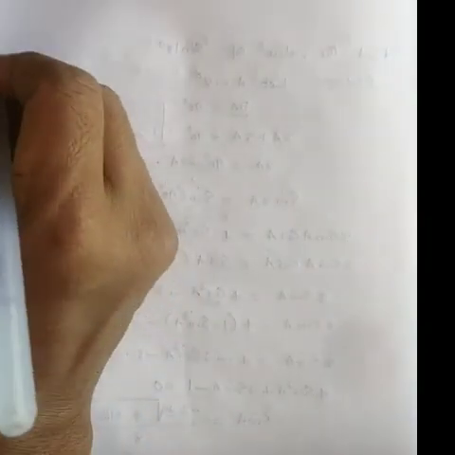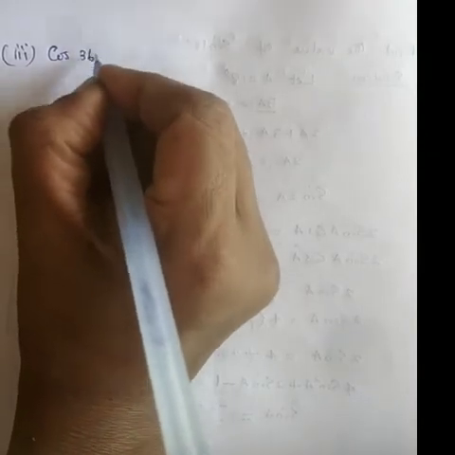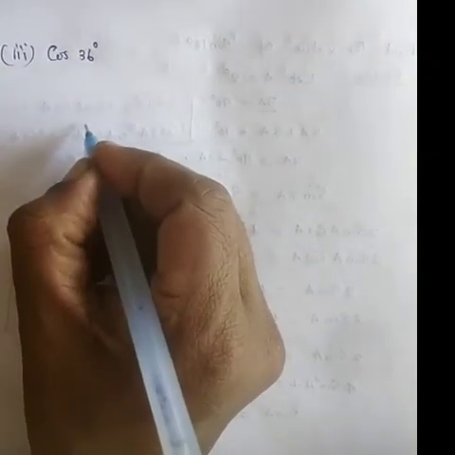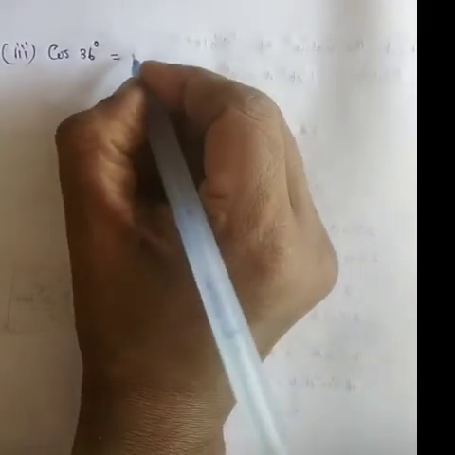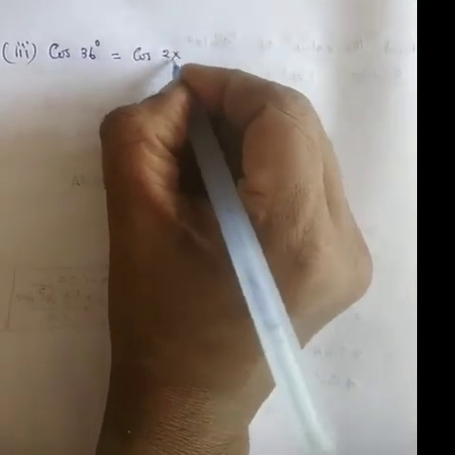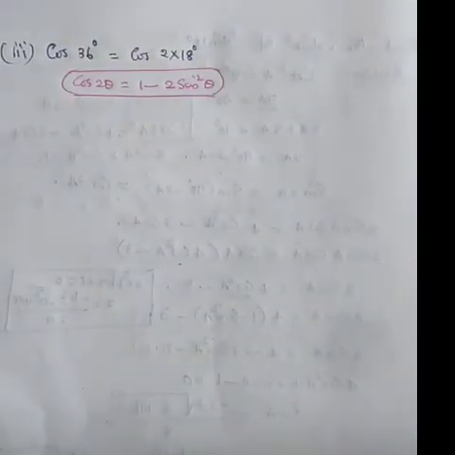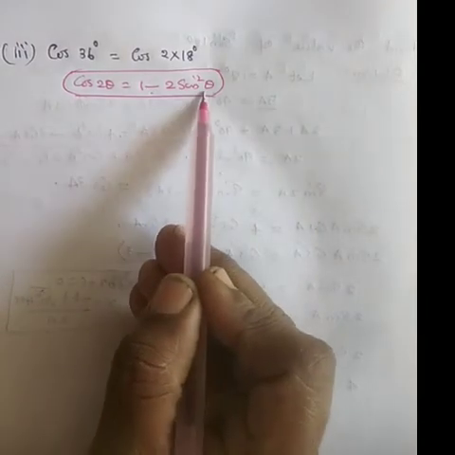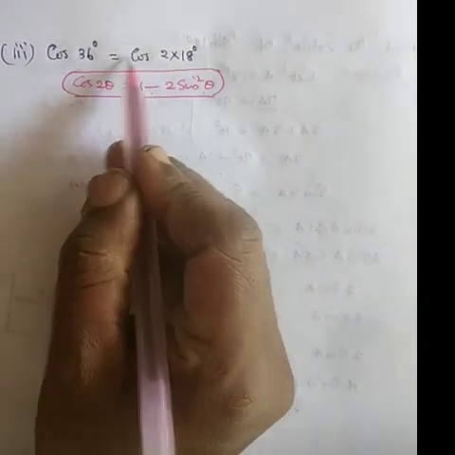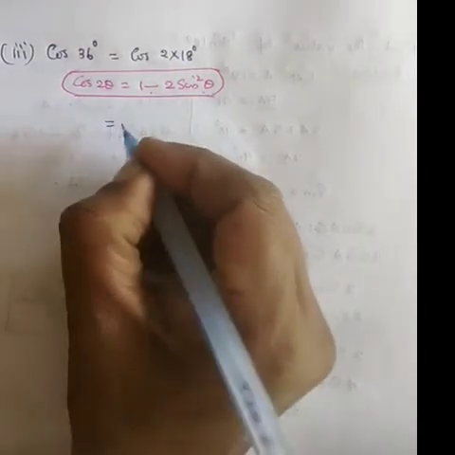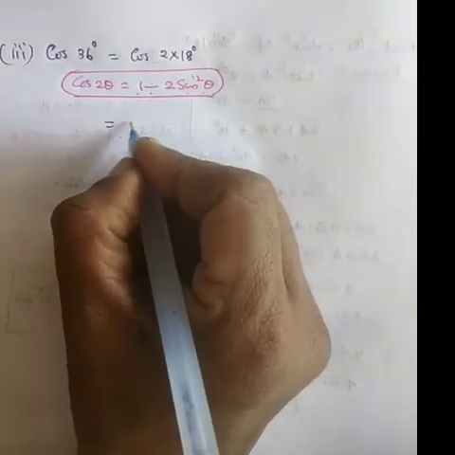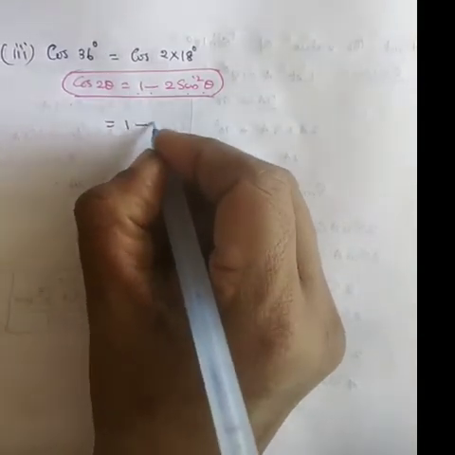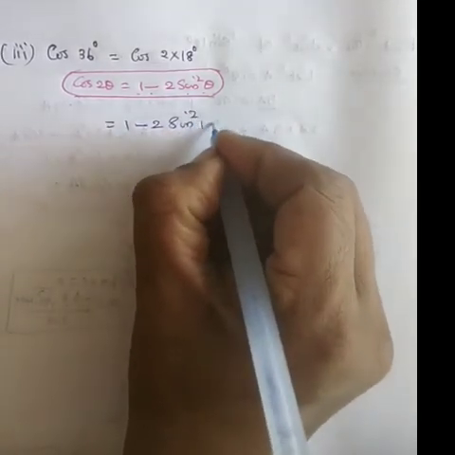Next is to find the value of cos 36 degree. Cos 36 degree can be written as cos 2 into 18 degree. Also, we know that cos 2 theta is 1 minus 2 sin square theta. Using this identity, cos 36 degree can be rewritten as 1 minus 2 sin square 18 degree.